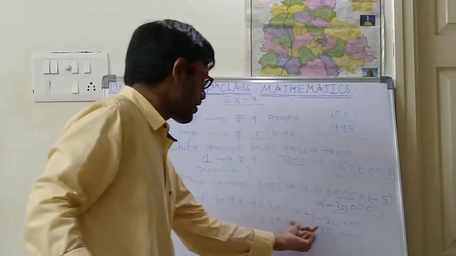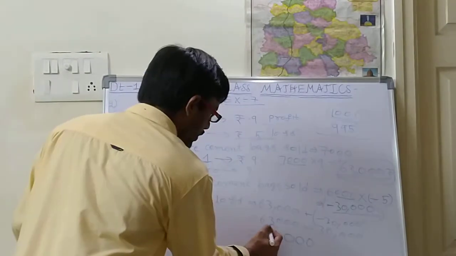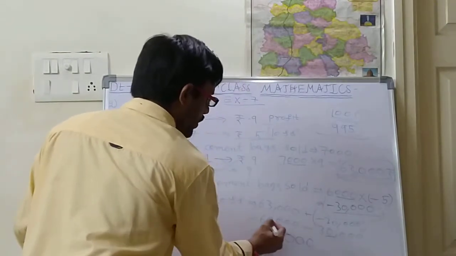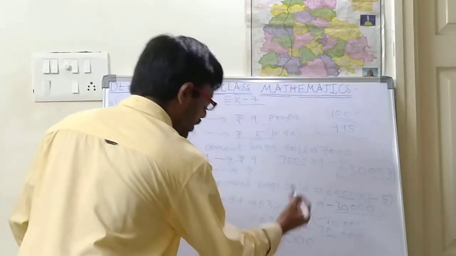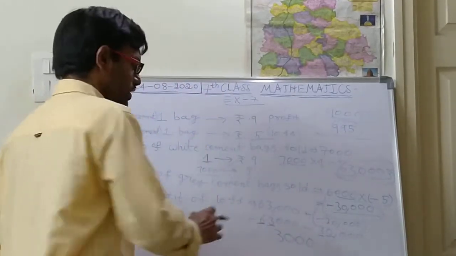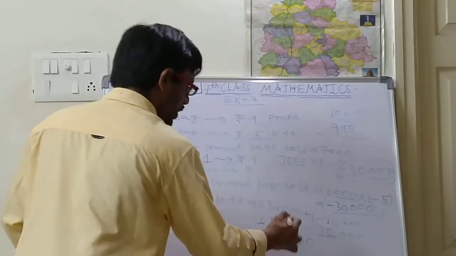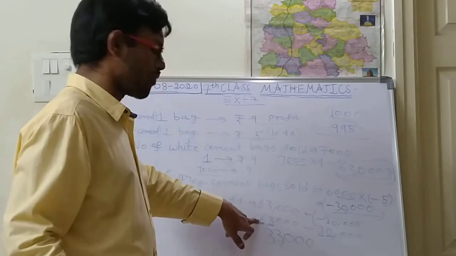So 3 zeros only. Next 3 minus 0, answer will be 3 only. Next 6 minus 3 is 3 only. So 33,000. For the biggest number, positive it is.